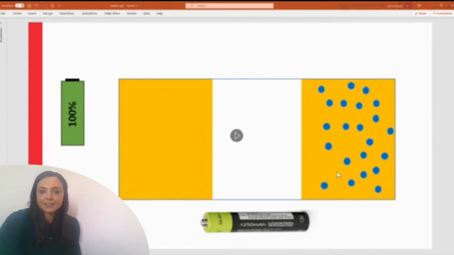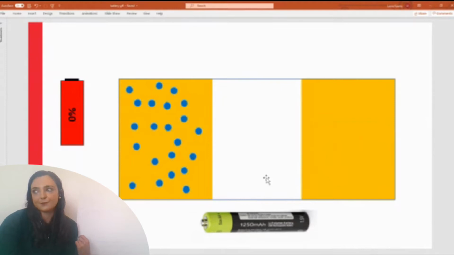And when your phone is fully charged, all the lithium is on one side of the battery like this. Then when you use your phone, the lithium starts to move to the other side of the battery. And as the lithium is moving, this movement is causing chemical reactions which generate the energy needed to power your phone. When all the lithium gets to the other side, your phone dies.